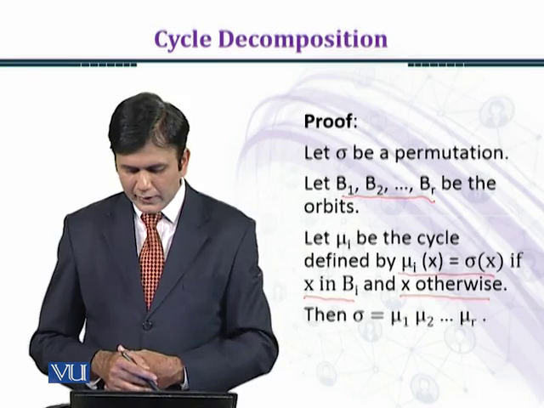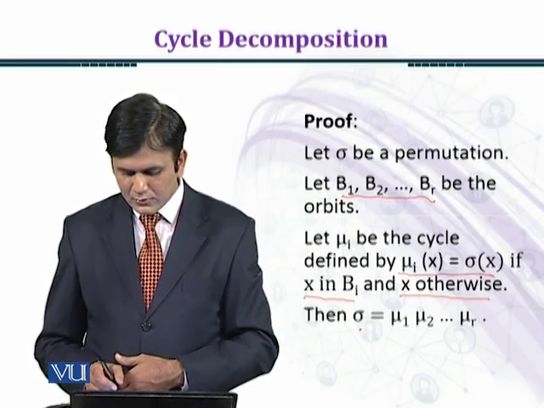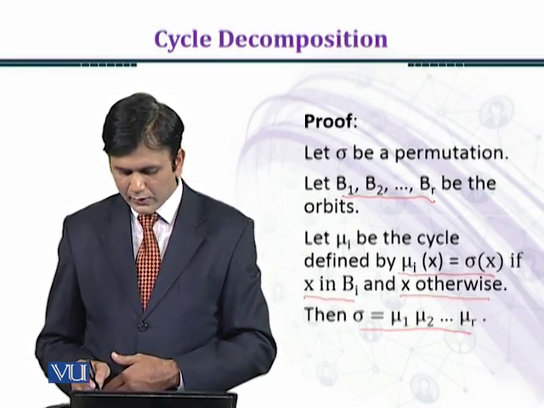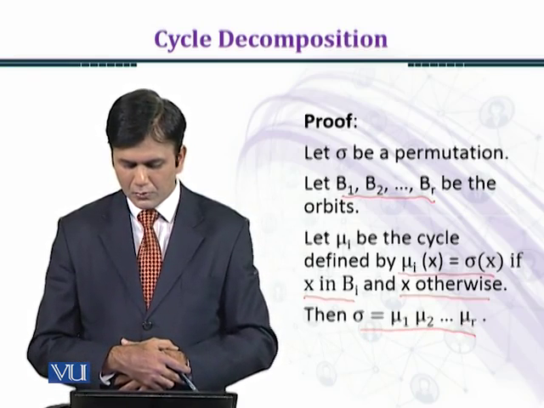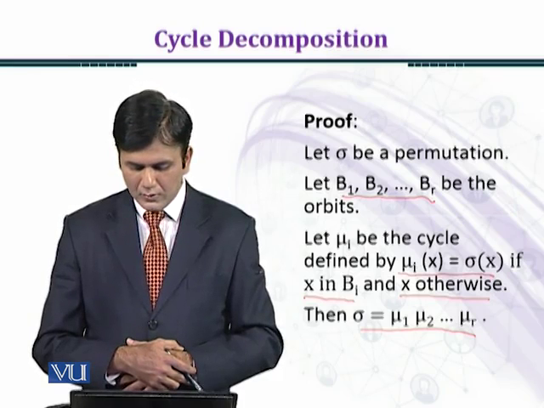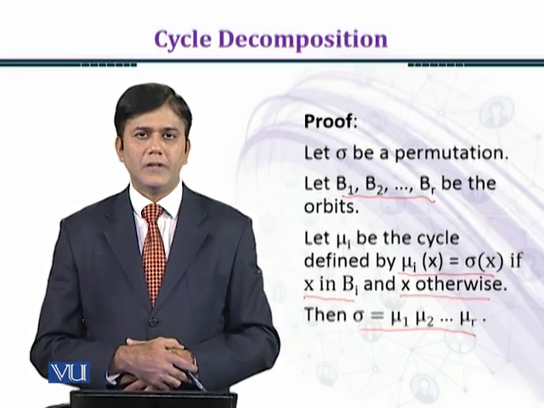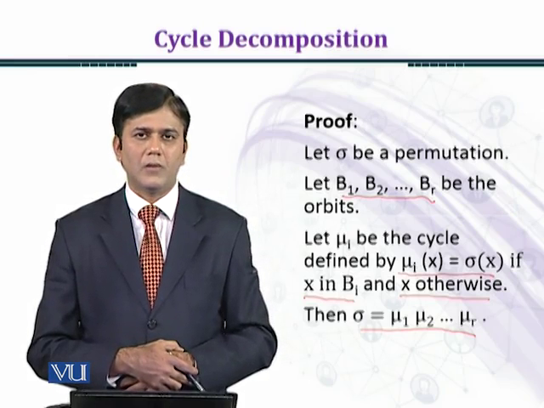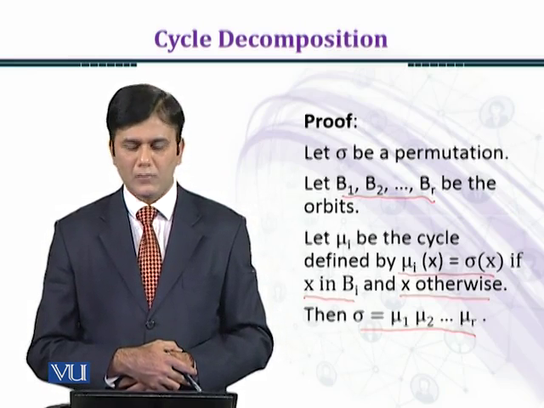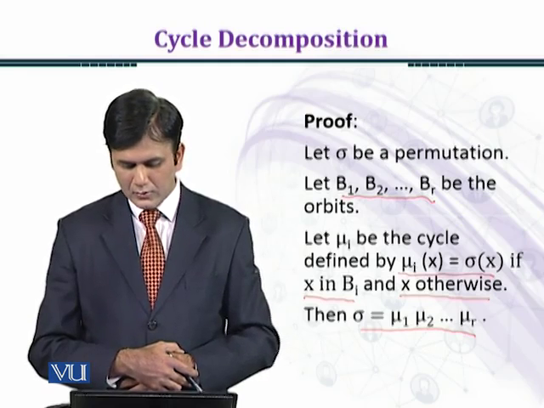Then we can write sigma as the product of the cycles mu 1, mu 2 up to mu r. And we are done. We have expressed our permutation in the form of product of cycles.